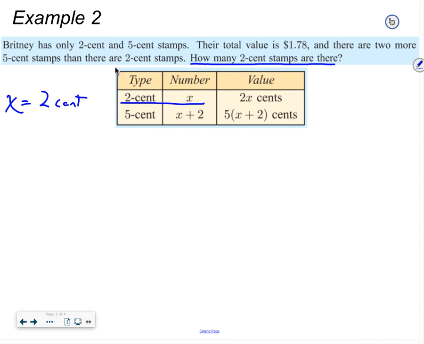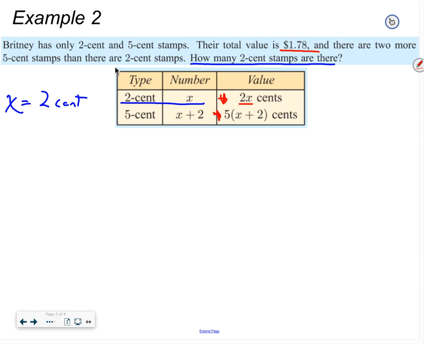Okay, here. All right, so because I know their total value, I want to know the value I have in 2-cent stamps and the value I have in 5-cent stamps. Well, if x is the number of stamps, 2 times x tells me how much those values are.